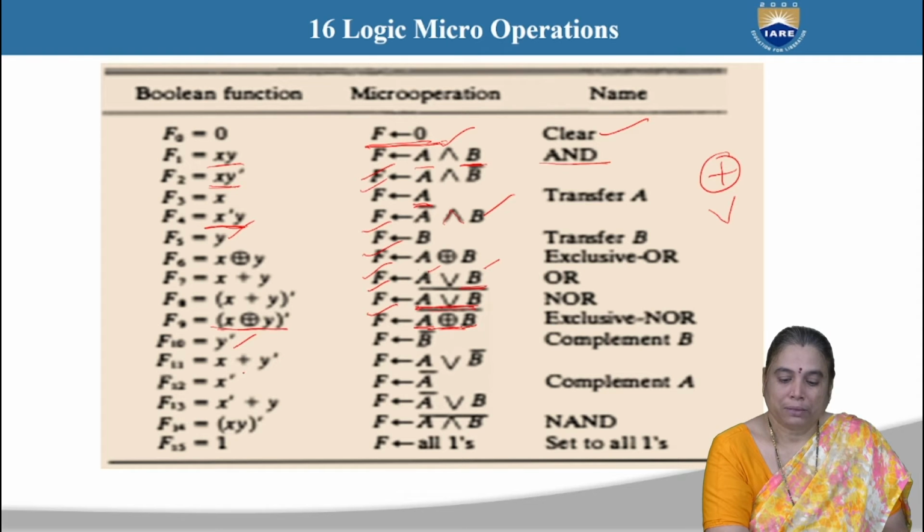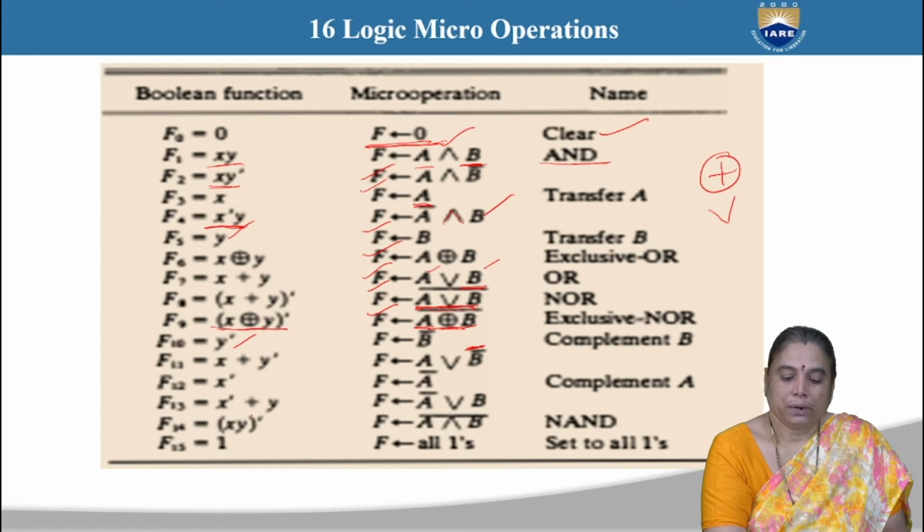To perform the plus operation, the logical OR operation can be applied, and the second number complement can be ORed with the first number. So to represent in RTL form, the second number Y can be stored in the B register, and complement can be applied, and the OR operation can be applied with the first number. The result can be moved to the F.